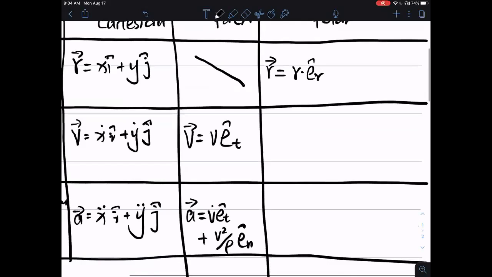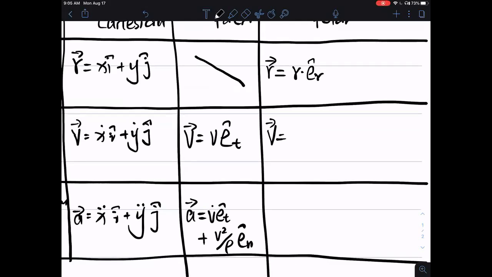Okay, that's for position. For velocity, anybody remember the equation? It's pretty hard. For this, you can check your notes. I couldn't even remember what that equation is. I need to check mine.